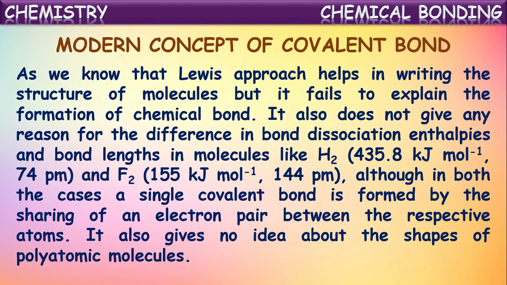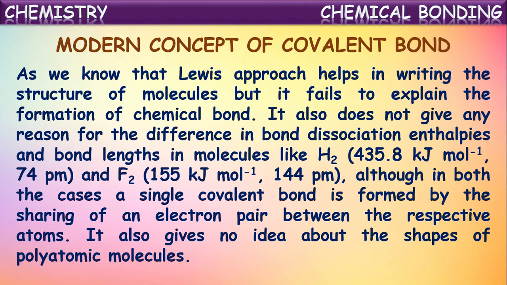It also does not give any reason for the difference in the bond dissociation enthalpies and bond lengths in molecules like hydrogen and fluorine. If you observe, in both cases we can see a single bond, isn't it? In the hydrogen molecule, there is a single bond between two hydrogen atoms, and in the fluorine molecule also, there is a single bond between two fluorine atoms.